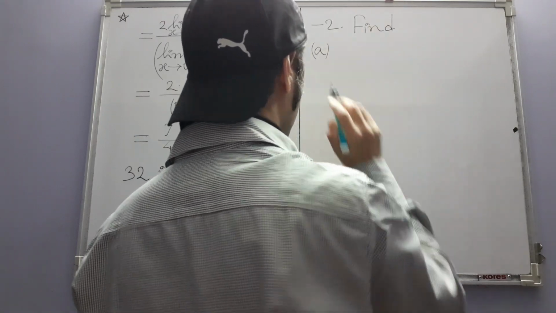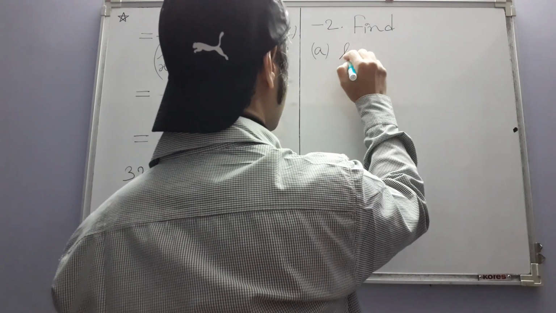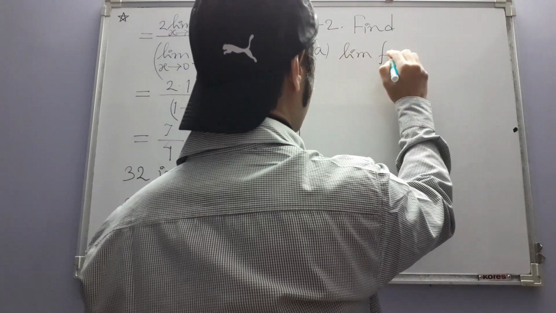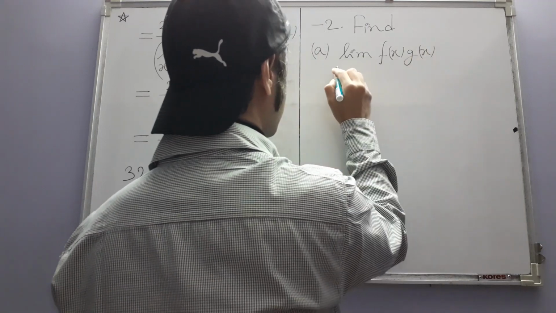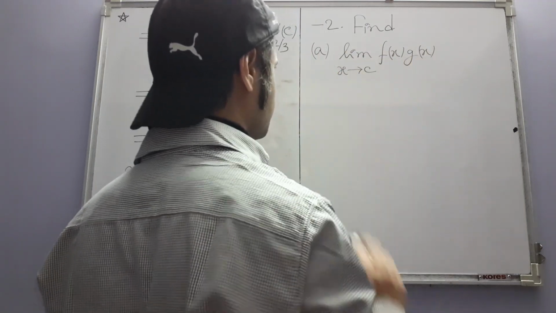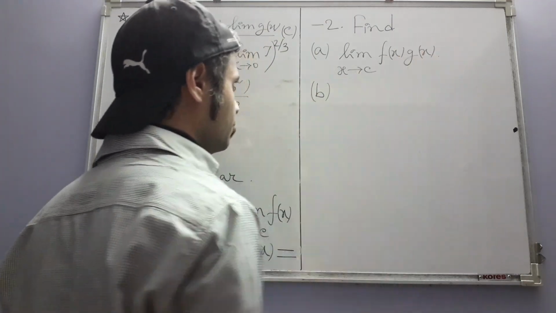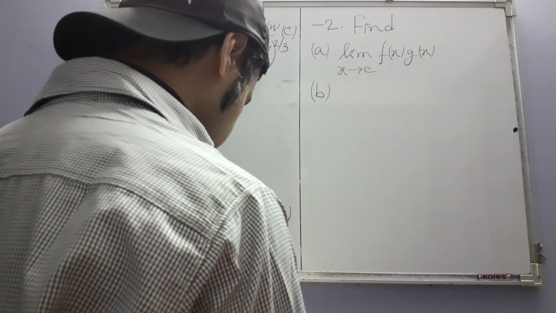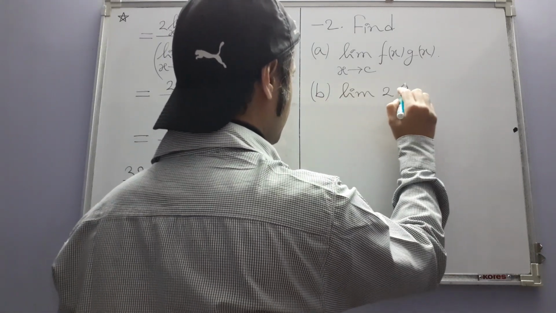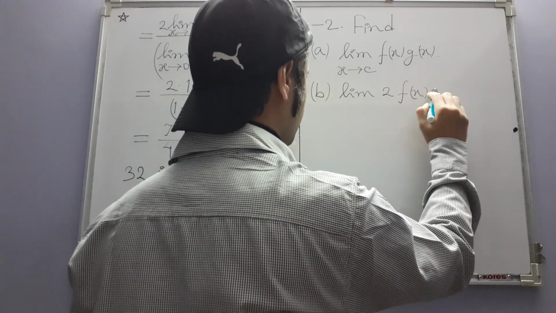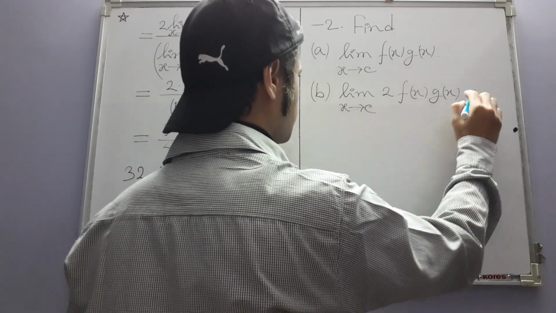Find, there are 4 parts. A. Limit of the product of f and g as x approaches c. Part B. Limit of 2 times the product as x approaches c.